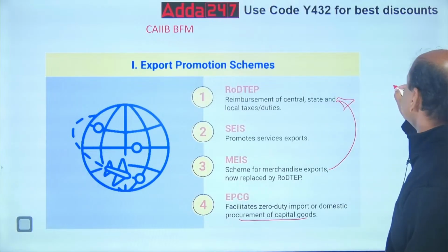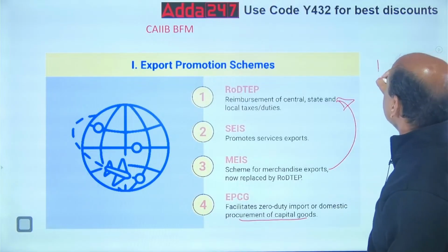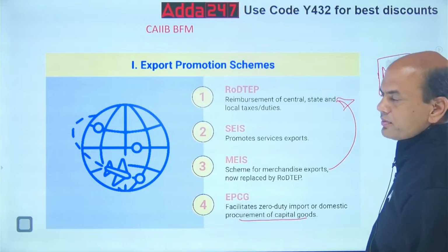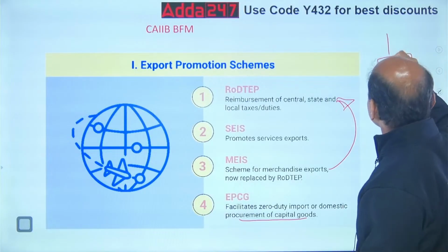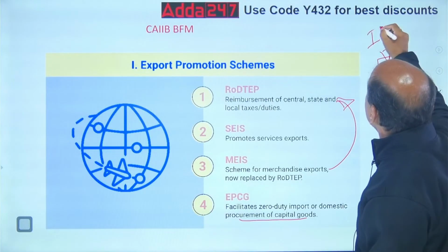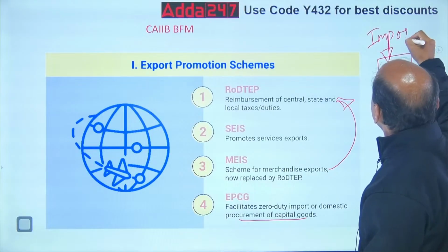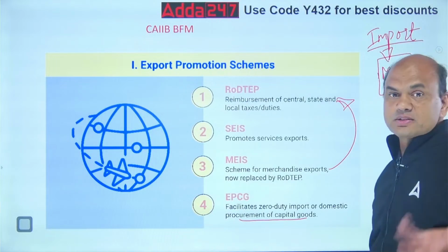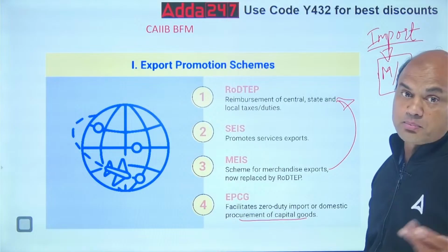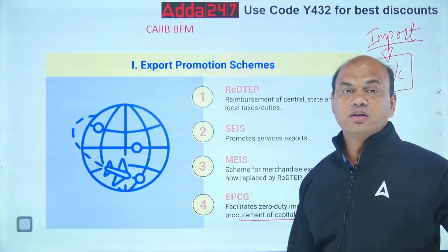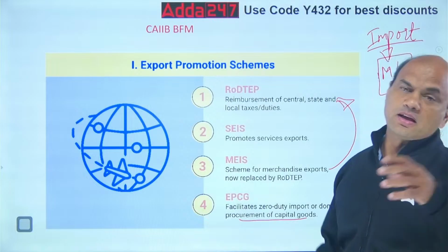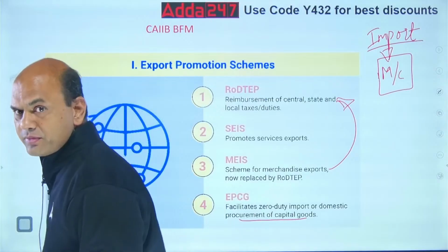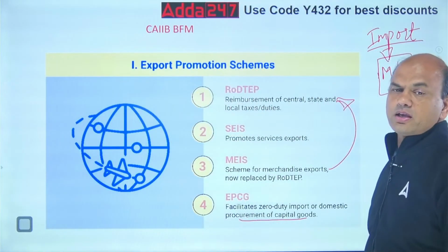This is a machinery which I will import. On this import the government is giving me a few benefits. Duty free, no customs duty. Now we are seeing customs duty in Trump's 500% tariff, 250% tariff on China, then again back, three months withdrawn.